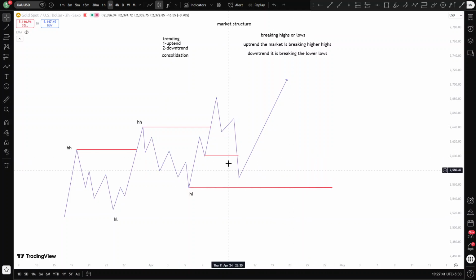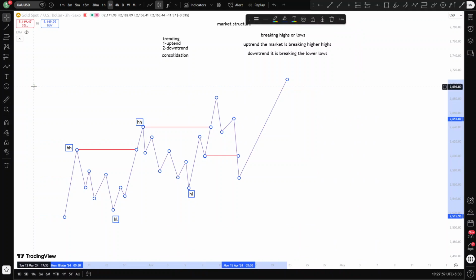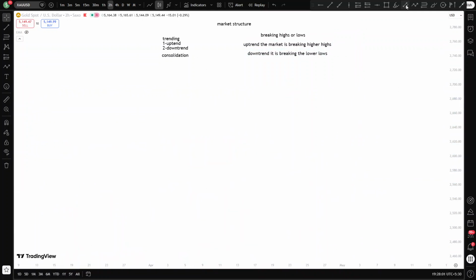So even when you see the market giving you a breakout like this one, it does not mean that the market has changed direction. No, it just means that the market at that particular time is just going there to give us a sweep of liquidity. So let us check out this same thing when we are in a downtrend. It's basically the same thing even when you are in a downtrend.